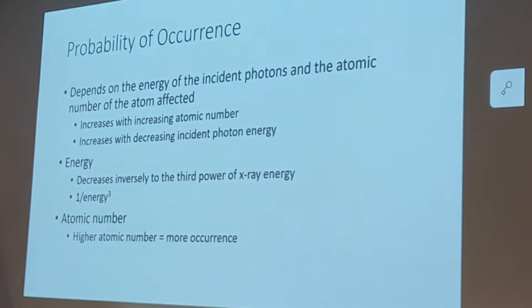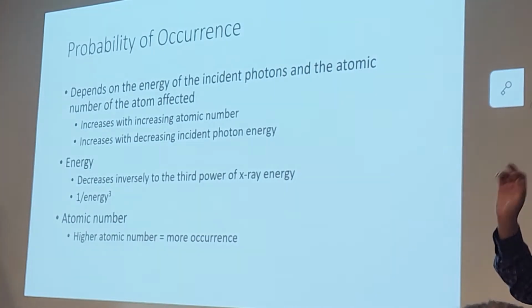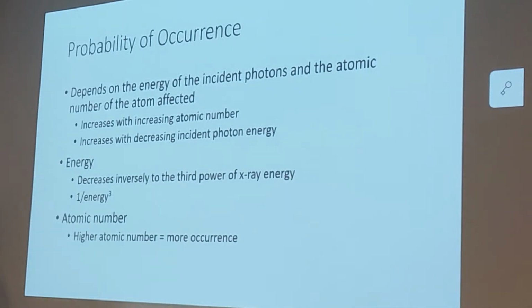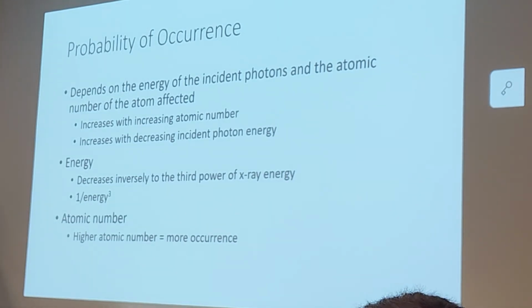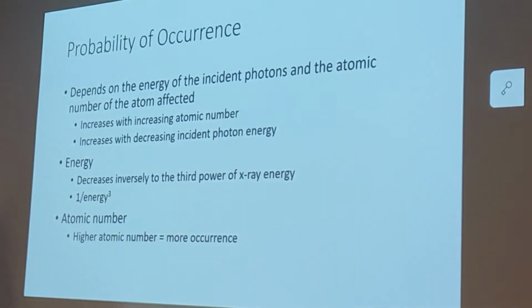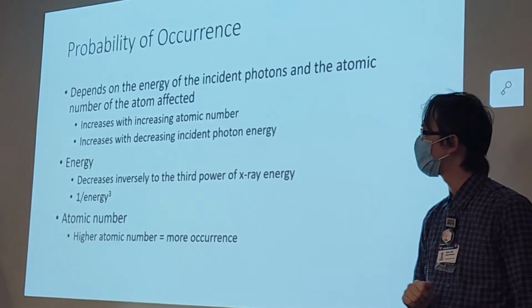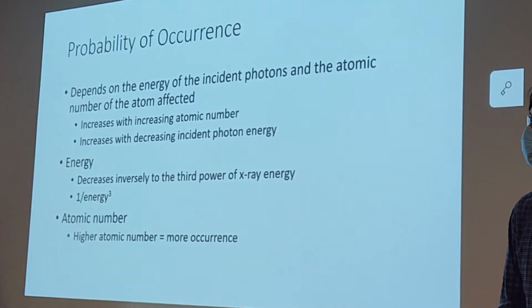If you change your kVp by 15%, mAs changes by half, or by 2, up or down. So if kVp is going down, mAs is going up. That's why on your ribs you have lower kVp but higher mAs. If kVp is reduced by 15%, mAs will go up by 2. That's the formula.